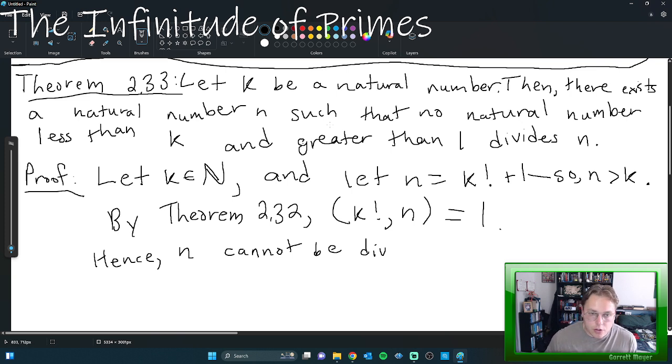So that's why showing that this GCD is equal to 1 also implies that no natural number less than k and greater than 1 divides n.